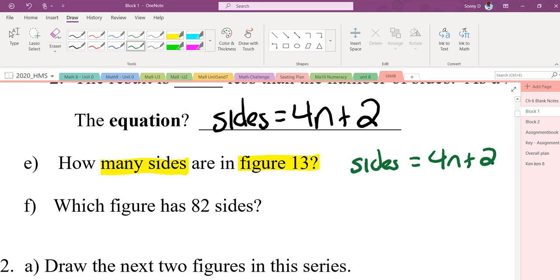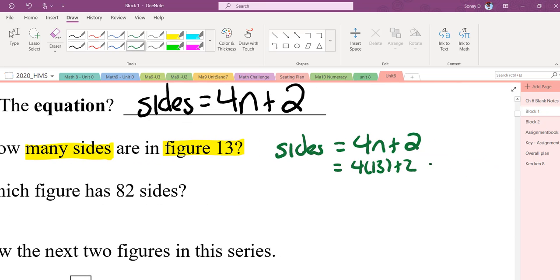What do we do with that 13, with this formula? Yes, Isaiah? You do 4 times 13 plus 2. So we have 4 times 13 is, what, 62 plus 2.